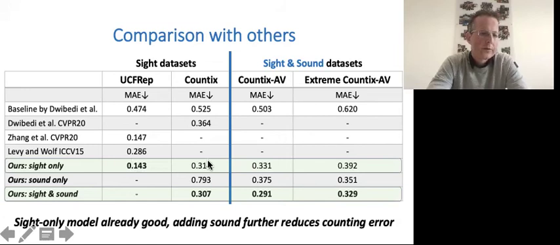When we rely on sound only, that is not really competitive on these sight-dominated datasets. But if we combine sight and sound, also on Countix results further improve.